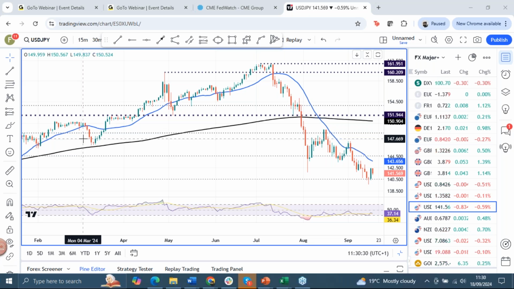No further policy normalization expected on Friday, but Governor Ueda is likely to maintain a relatively hawkish tone of gradual moves, which we've heard in previous press conferences. And we've had, of course, several Bank of Japan members indicating their openness for further rate hikes if the economic outlook remains aligned with expectations.